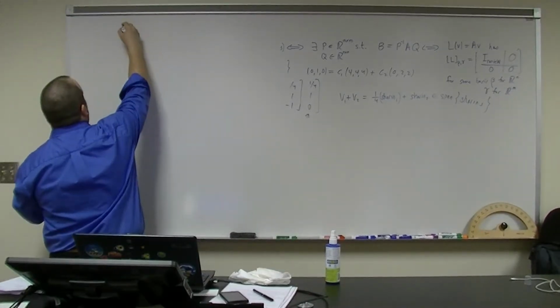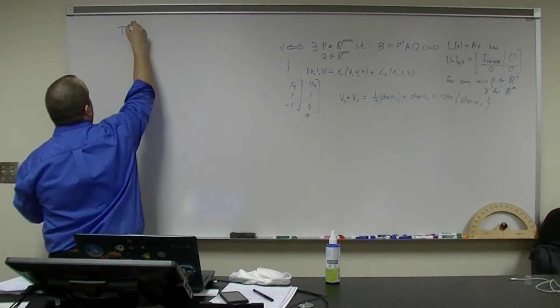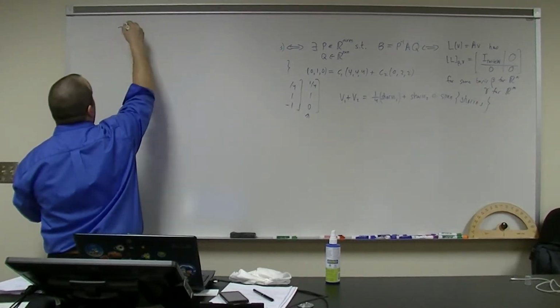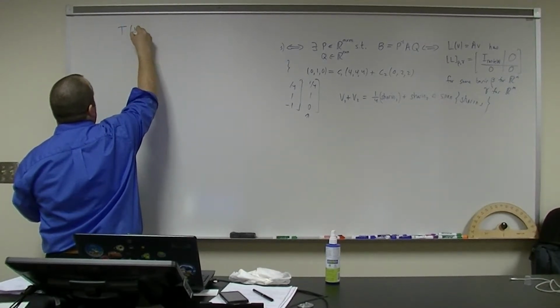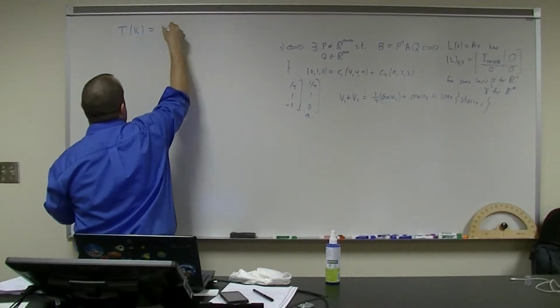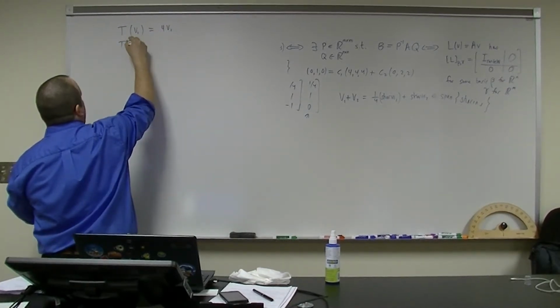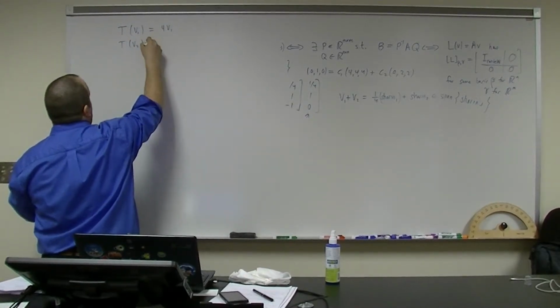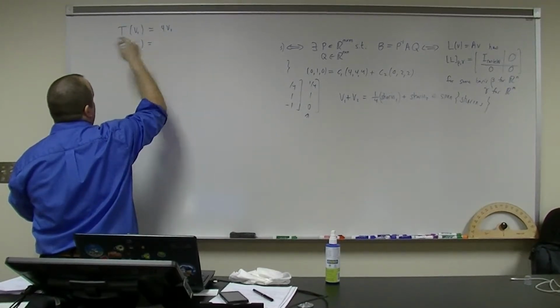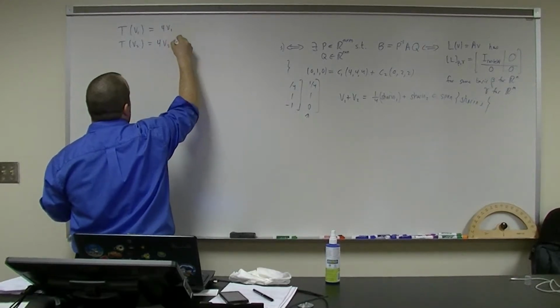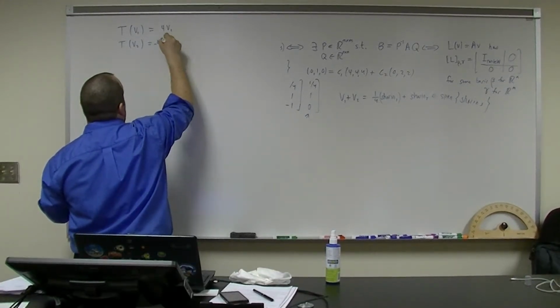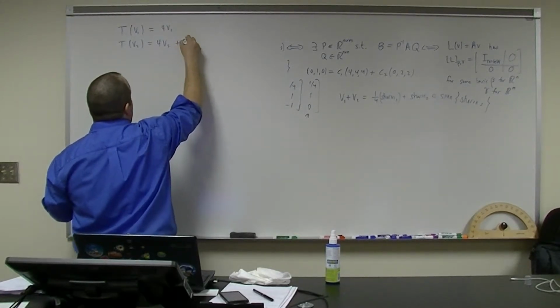So suppose you've got a matrix or a linear transformation T such that T of V1 equals 4V1, and T of V2 is equal to 4V2 plus V1.